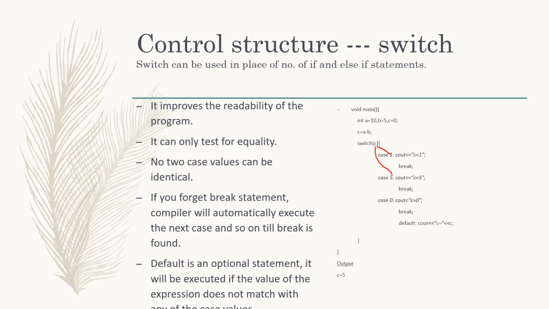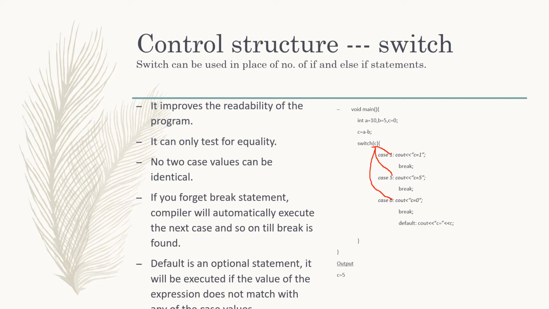Is c equal to 0? Instead of writing so many if and else if statements, I will write in the form of case. The switch statement takes one parameter, that is the one variable you want to compare, and it will compare with all these values in the case.